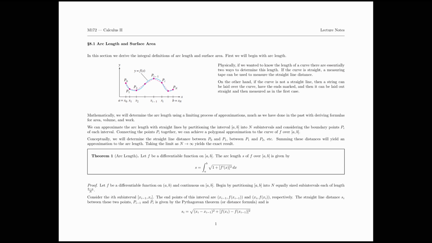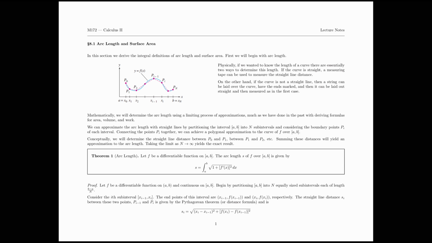So this, you can pause the video if you'd like. This walks through how we can approximate it and how we can essentially come up with an expression for this theorem for the arc length. Essentially what we do is, like all things in calculus, if we want to figure out an exact expression for something that varies continuously, we approximate it in a way that we can calculate it.